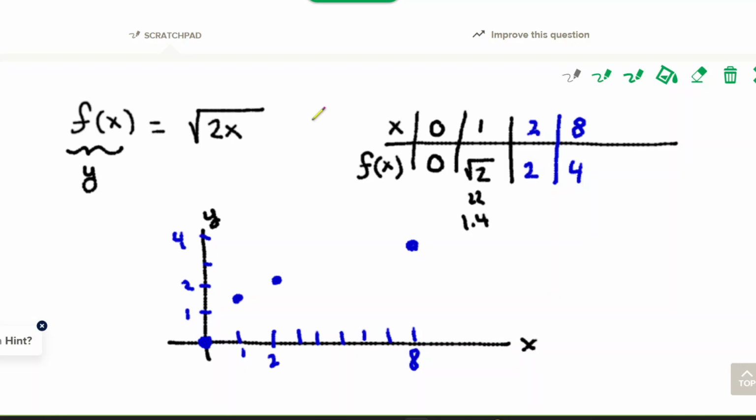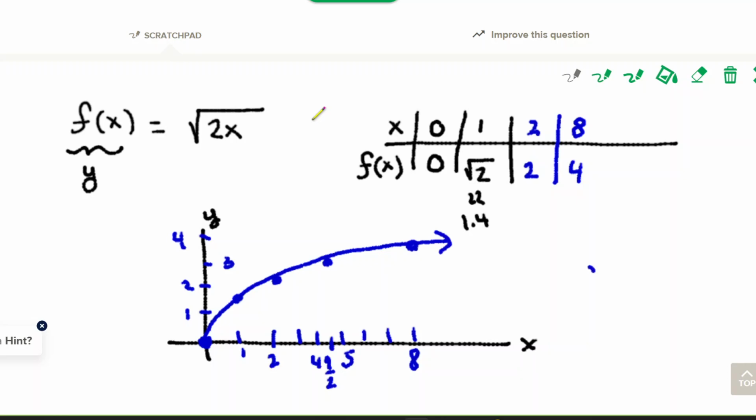Now, if I were to plug in 9 halves, or 4.5, here's 4, here's 5, you'd get 3 for the output, the square root of 9. Hopefully you can see that this is going to be like half a parabola. The shape is looking like this as I keep going further to the right.